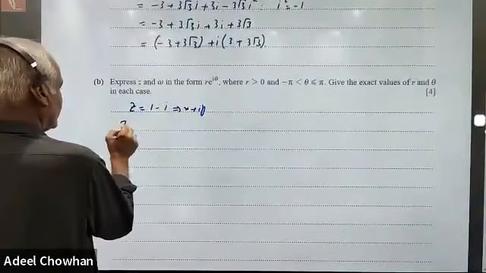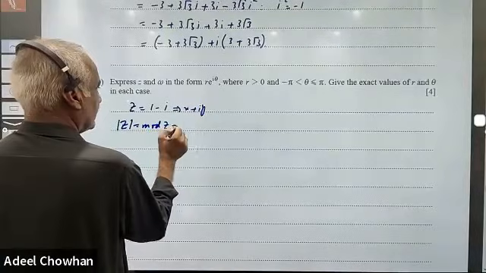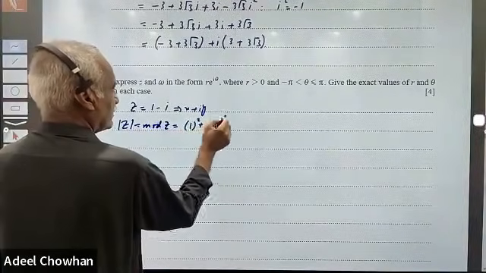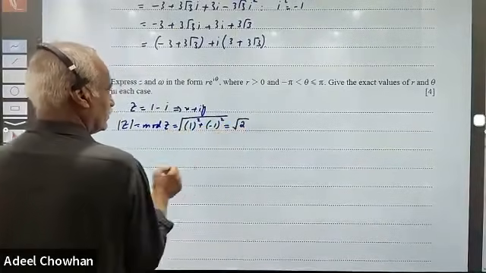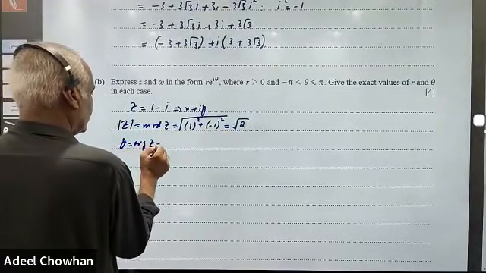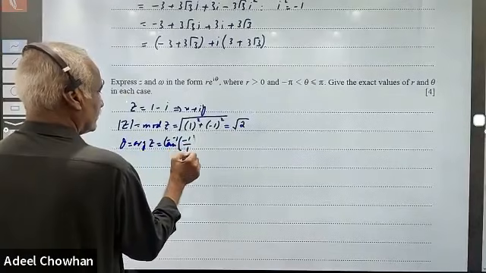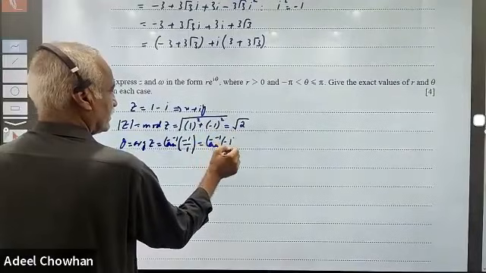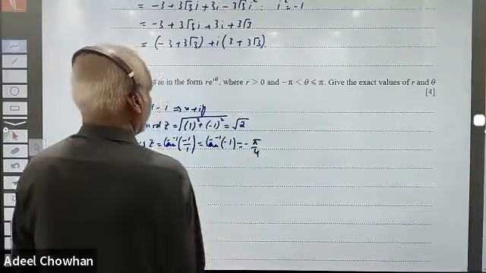So modulus of z is equal to square root of 1 square plus minus 1 square, that is equal to root 2. And theta, which is argument of z, is tangent inverse of minus 1 over 1, that is tangent inverse of minus 1. So that is equal to minus pi by 4.